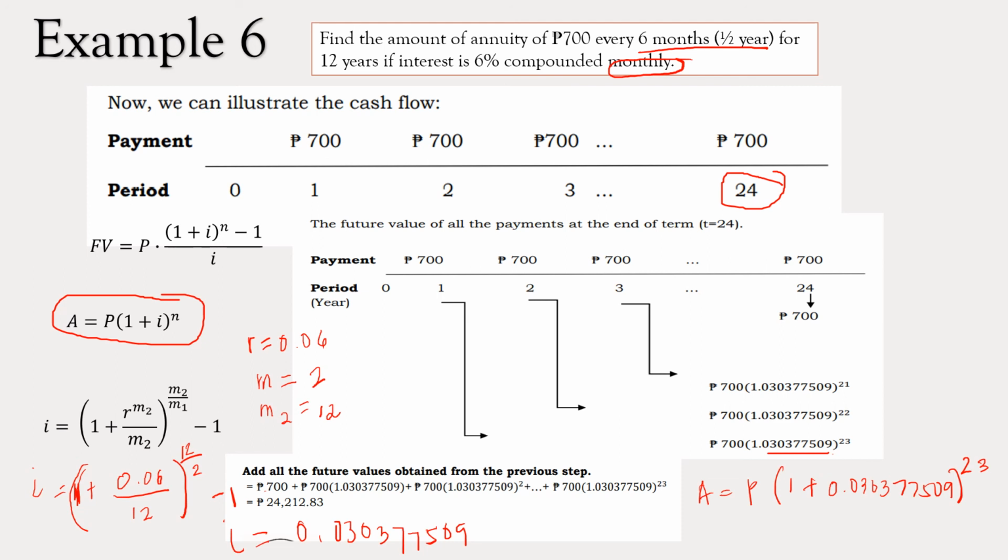And then, up to makarating dito sa dulo. Dito nagsimula, tapos second, third, fourth, hanggang makarating dito. I-add mo lahat yan. And that is the future value. So, future value is then equal to 24,212 pesos, 0.83.